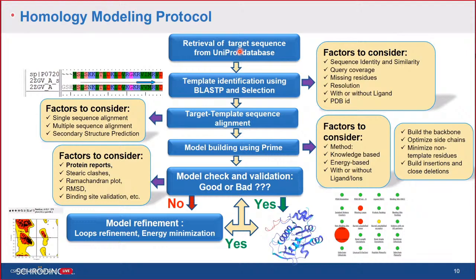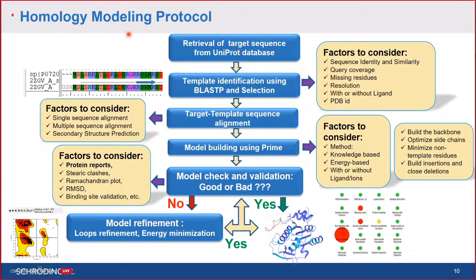From here onwards, whenever I say target, I mean the protein for which you want to build a homology model, and template means the crystal structure or any other experimentally reported structure of a protein which you are going to use for building the homology model of your target sequence. So these are two terms, target and template.